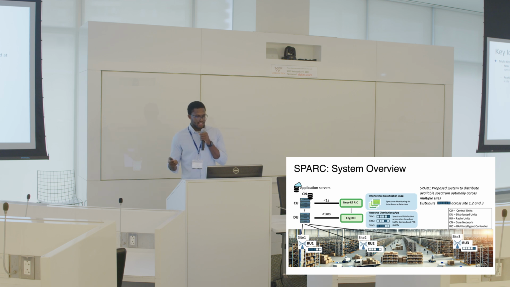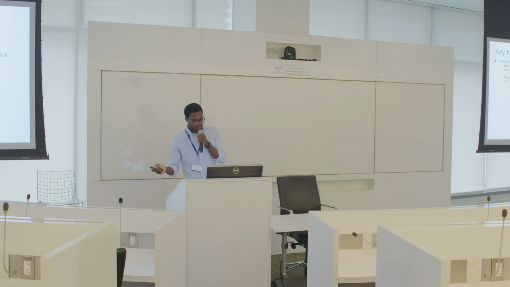Like I said, the key idea is to perform multi-timescale RAN monitoring and control. The near real-time RIC is performing spectrum sensing, so we deploy an xApp to detect external interference in spectrogram images. Then the real-time operation is the deployment of a dApp at the edge RIC to blank out resources and distribute them to utilize the spectrum efficiently.